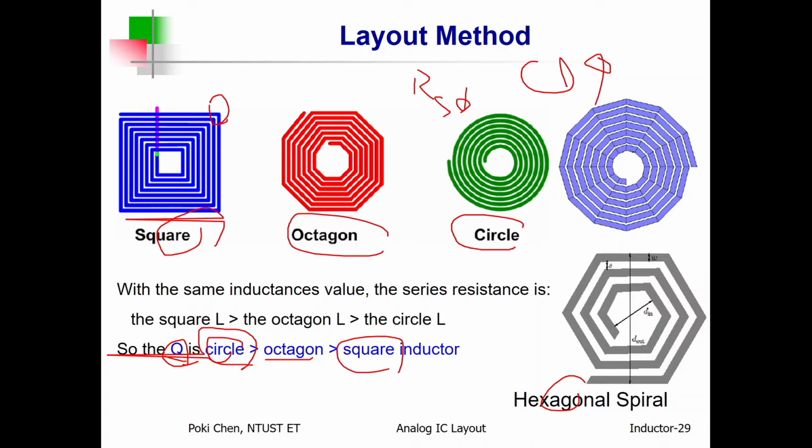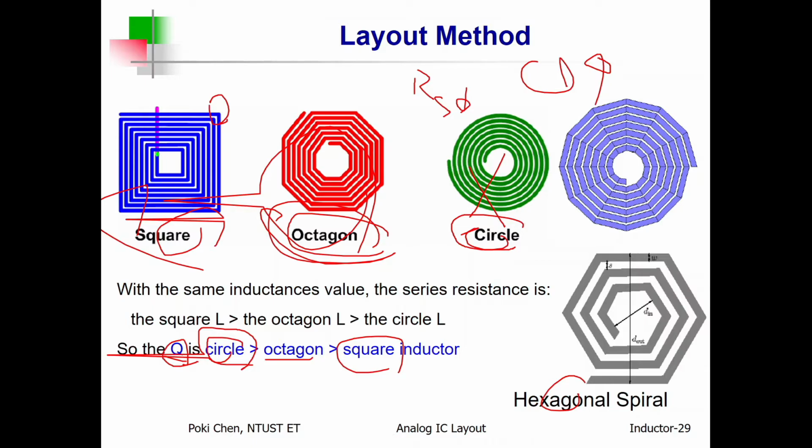But if you have time, my recommendation is octagon. Good enough. Don't try your very best to have such kind of circle layout. First of all, according to Q factor, no much difference among this, and that. So, in my opinion, octagon layout will be good enough.